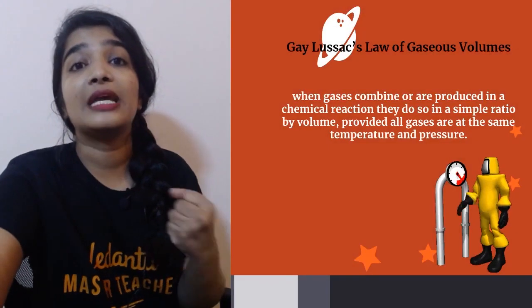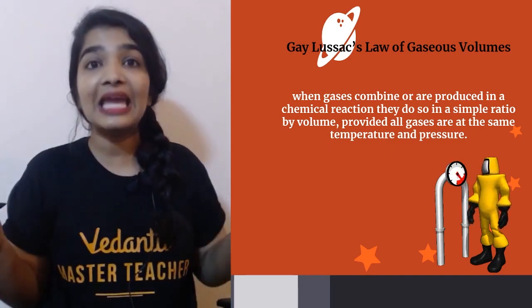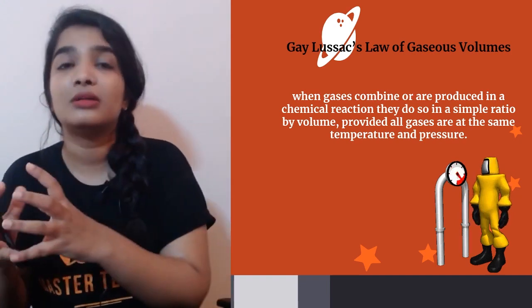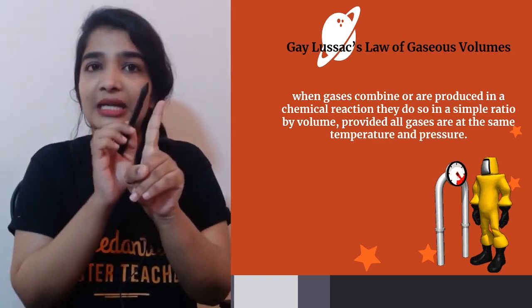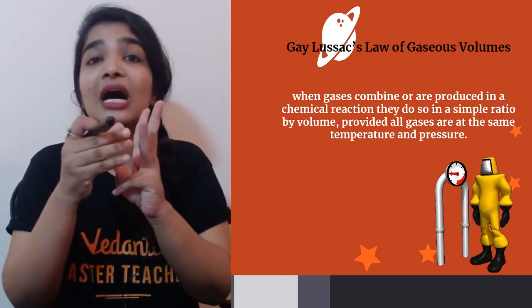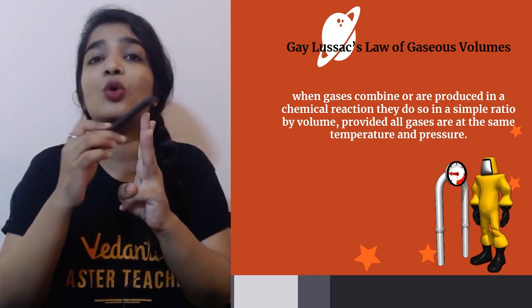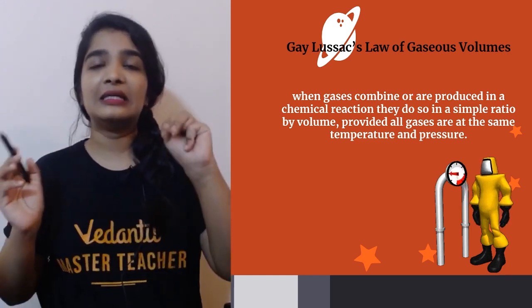This is what is meant by the law of multiple proportion. So the same elements combine in different proportion to give you different kinds of compounds. So if one reactant has fixed mass, the other reactant will have a simple whole number ratio by mass. That was our third law.